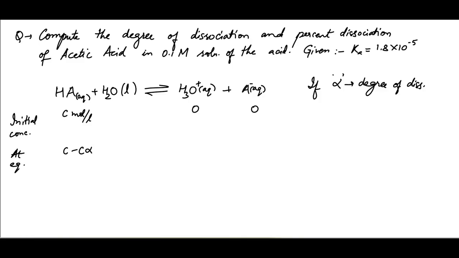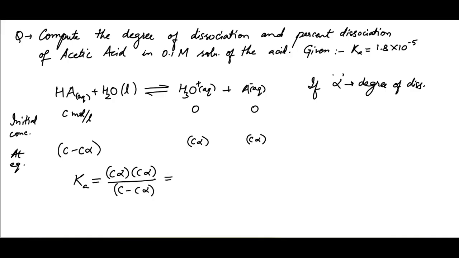Originally it was C, so C minus C alpha of the acid will be present, and C alpha of each ion will be present at equilibrium on the product side. So the ionization constant Ka is equal to the product of the concentrations of the products, C alpha multiplied by C alpha, divided by the concentration of the reactant, C minus C alpha.